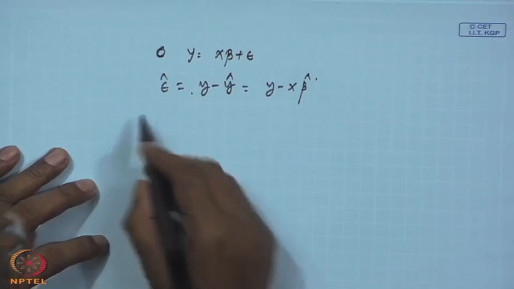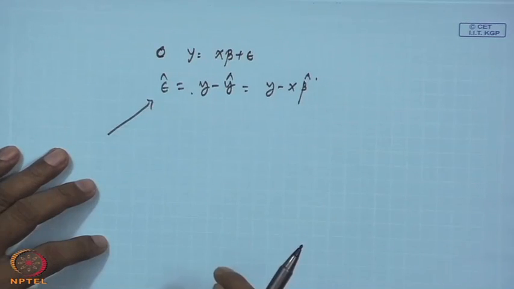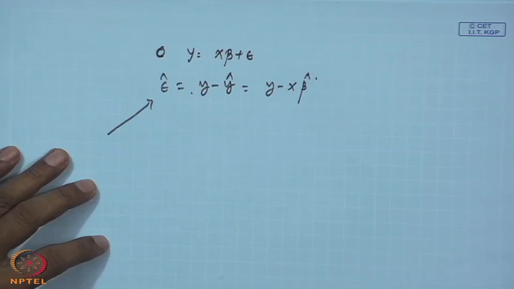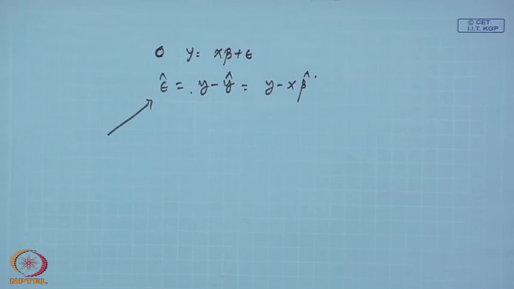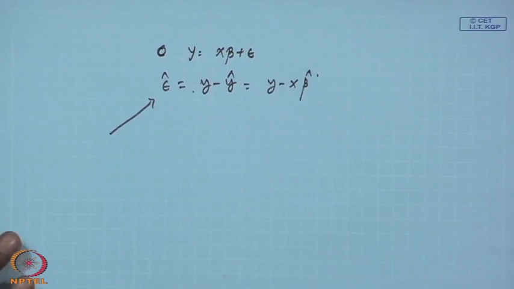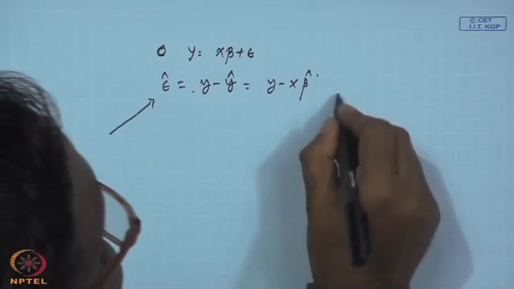You may be interested to know what is the distribution of this. How do you find out? Is this distribution similar to epsilon?